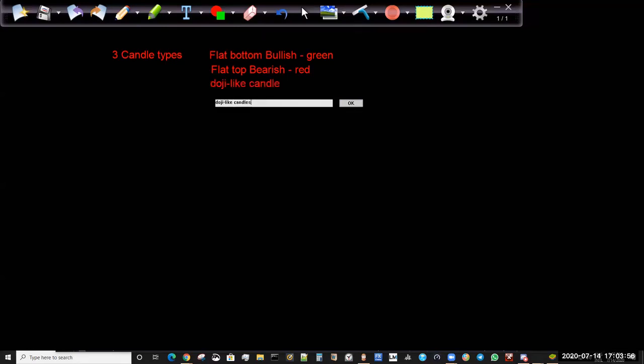Those 3 candles are flat bottom bullish, which for our purposes on my chart will be green; flat top bearish, red; and doji-like candles that can be either red or green. 3 candles as opposed to the traditional type of candles, which I will show you in a second.